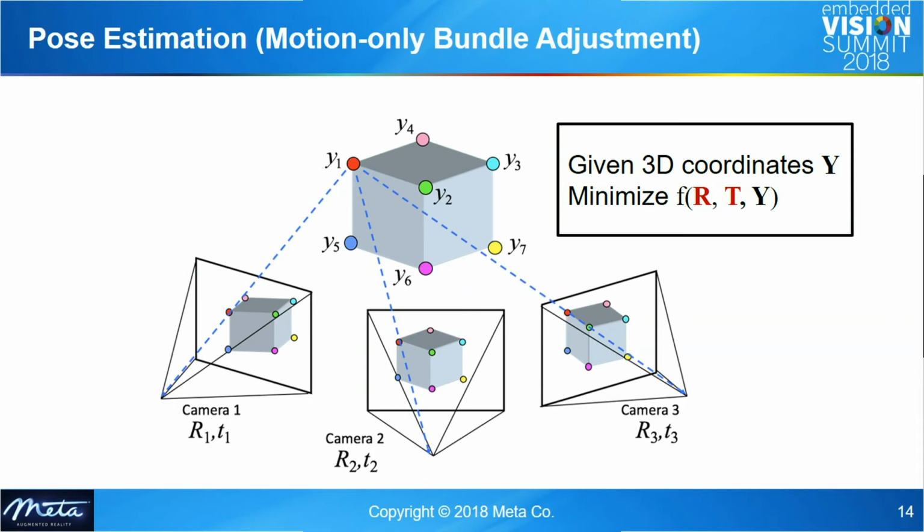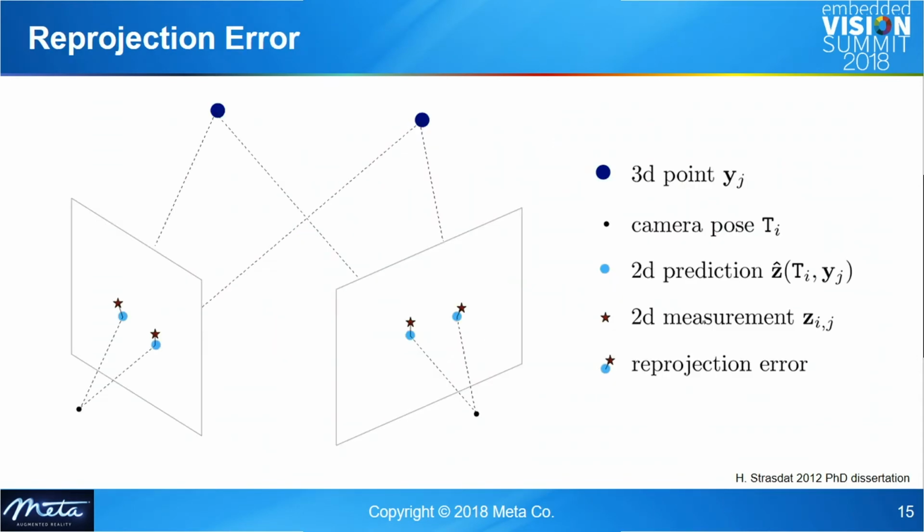So what we need to do here is, given the 3D geometry of the world that we know, find the camera poses, and this is typically done through bundle adjustment or through minimization. What we want to minimize is the reprojection error.